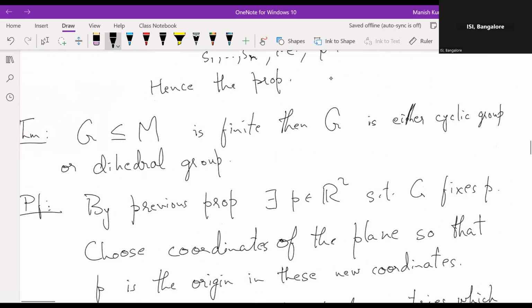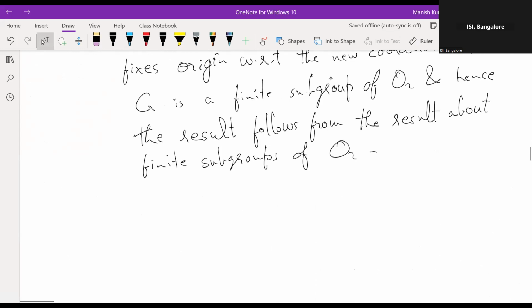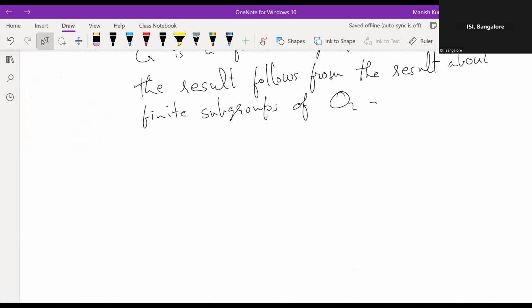So this lemma is also pretty straightforward. For linear maps we know, and that is what I was trying to apply, but for translations we don't know. So, proof of lemma.